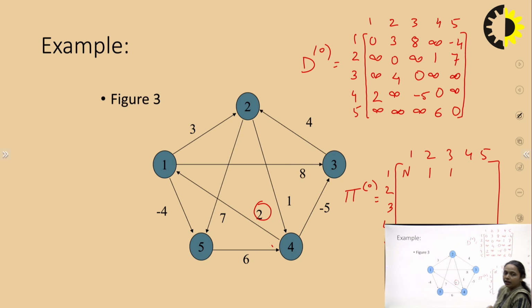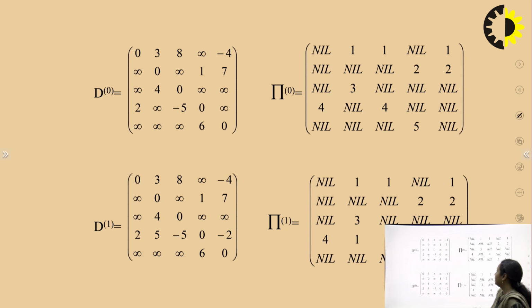Next is infinity. It means we cannot reach 4. When we cannot reach any particular node, we will write nil. Next is 5 and it is minus 4. So we are reaching 5 by paying minus 4 from 1. So we will write 1 here. In a similar way, you will fill the matrix and you will get a matrix like this.